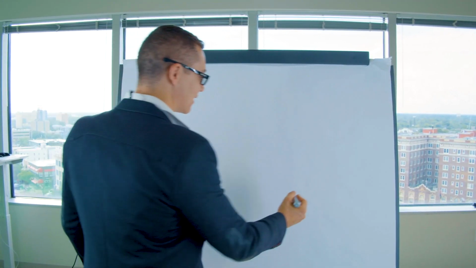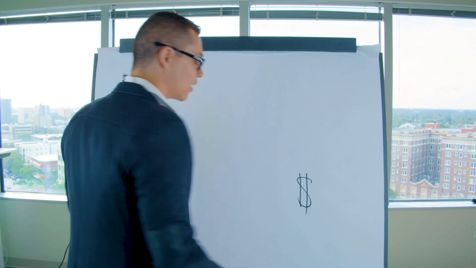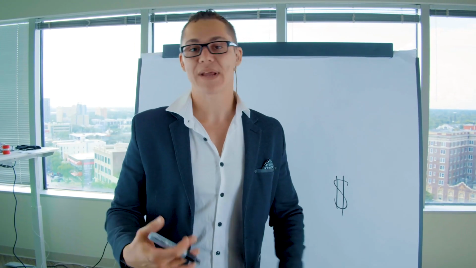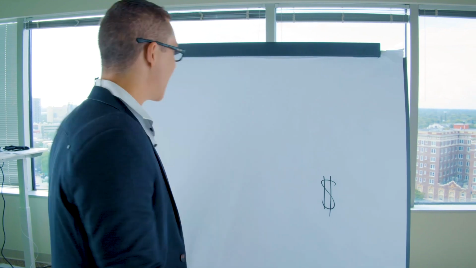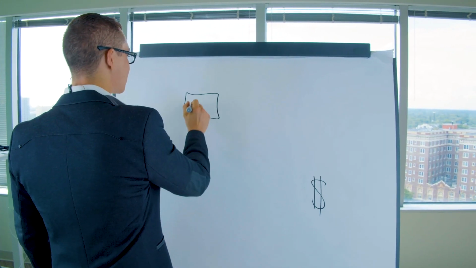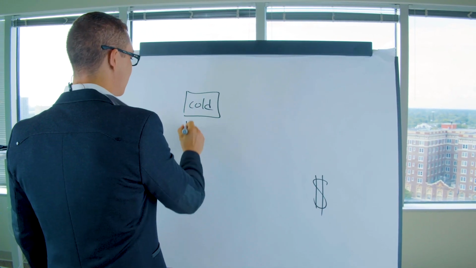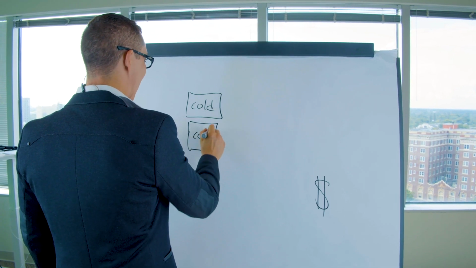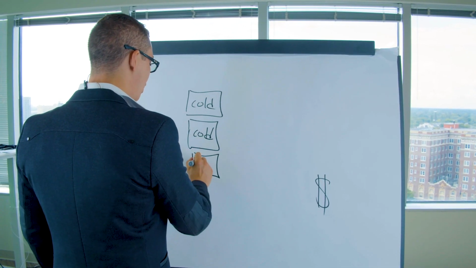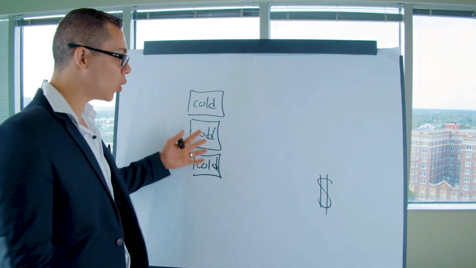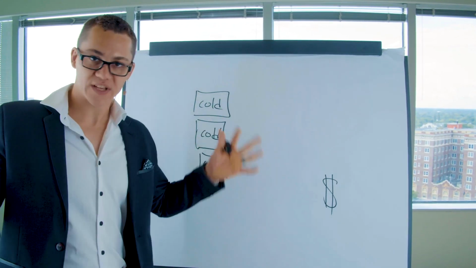So let's just say that this $ here represents the sale, when somebody actually buys something, right? And over here is a cold ad, and maybe here's another cold ad, and here's another cold ad, right? And these are brand new cold Facebook ads, right?